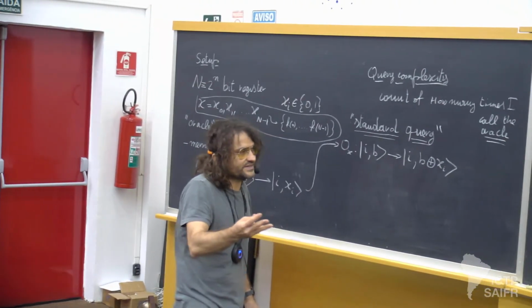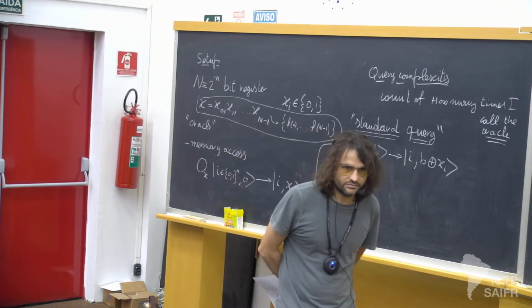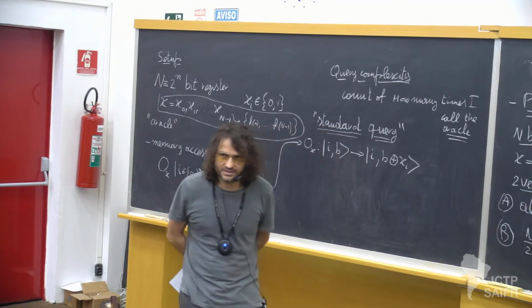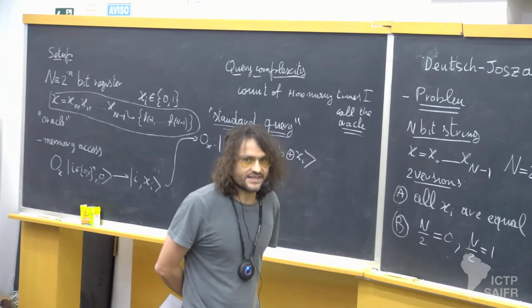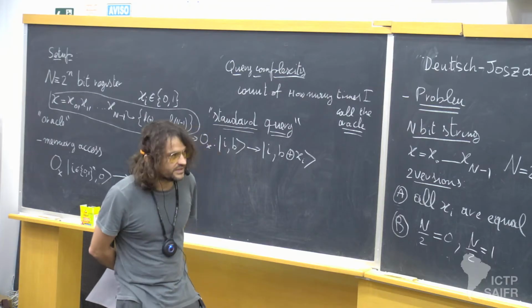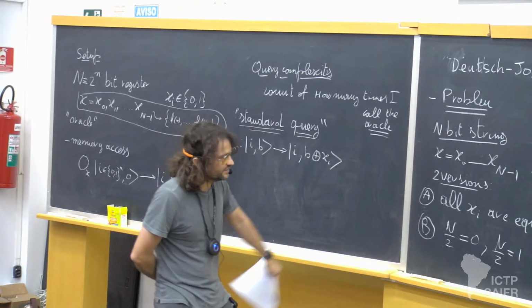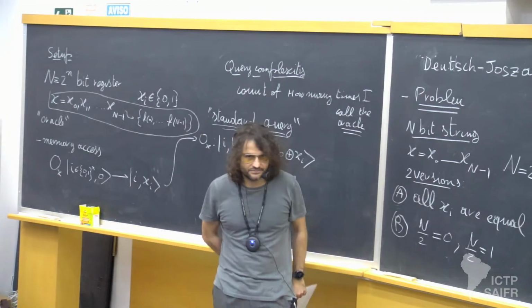How many queries do we have to do? Let me put the question in a better way: does the number of queries depend on n or not?